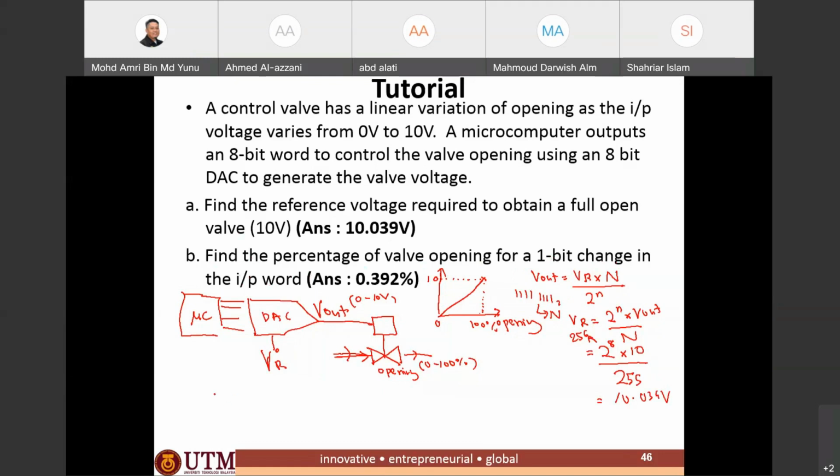It wants to know, if 11111111 is proportional to 100% of opening, and at 100% the output level is 10 volt, then for a 1 bit change, say 11111110, what is this percent?